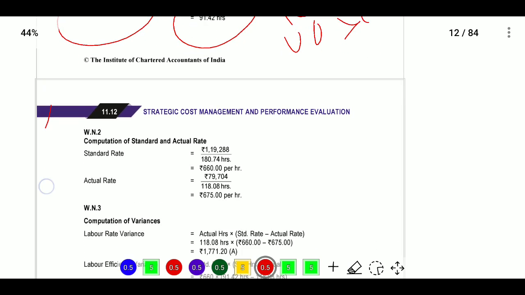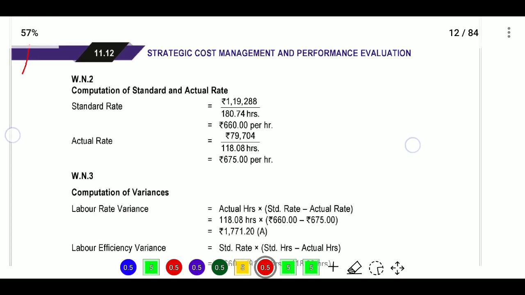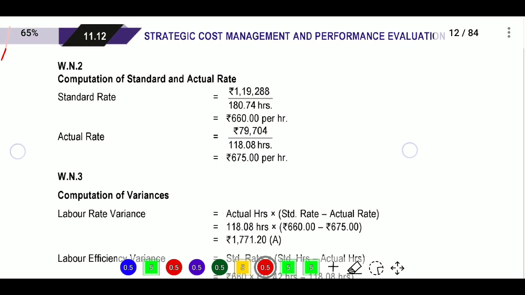And the computation of standard and actual rate. What is this standard and actual rate?